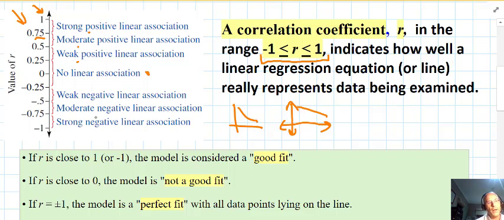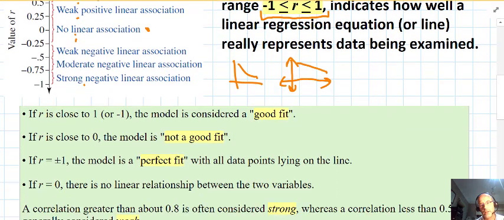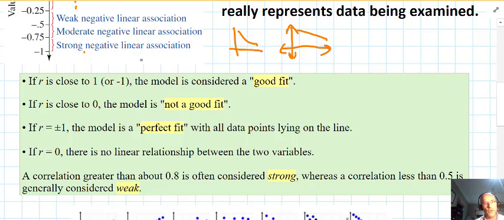Negative doesn't have a negative connotation here. It's just how the pattern works. Again, if we're near 0, it's very weak or virtually non-existent, and it goes up to a perfect one at -1.